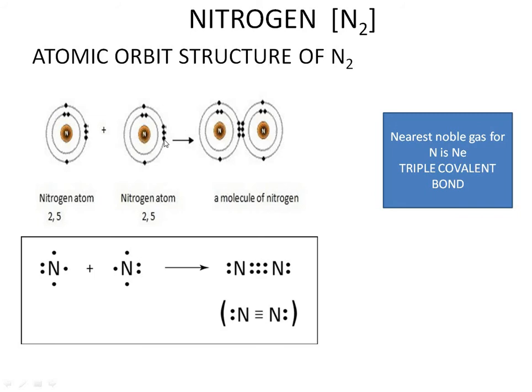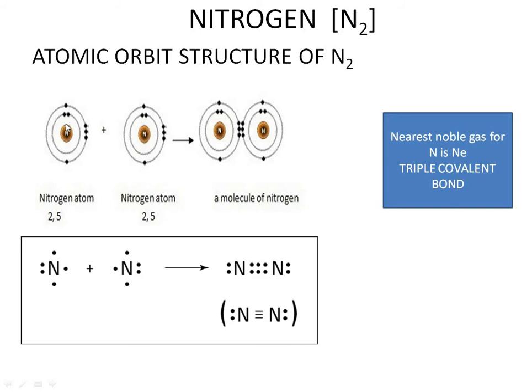The other nitrogen atom also is in need of 3 electrons. So both are in badly in need of 3 electrons. So what we will do, we will share the 6 electrons between the 2 nitrogen atoms. After sharing, it becomes a molecule of nitrogen. So this is the atomic orbit structure of nitrogen. I hope you understood.